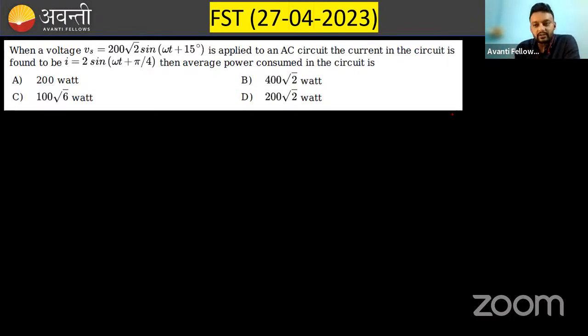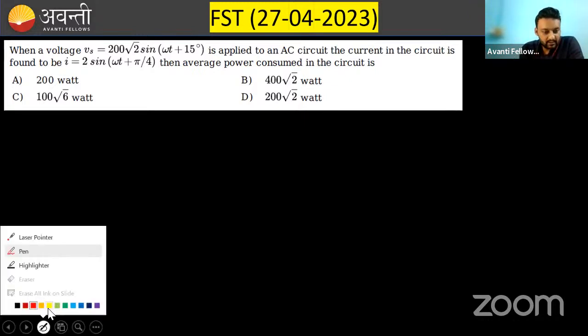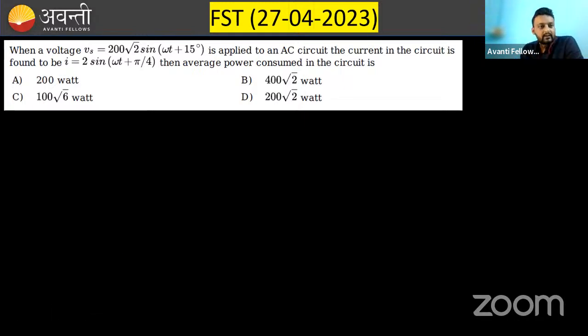Okay, so we will start our discussion. Try to learn the things because this is nearly the end of the session. Your exam is approaching, actually. The question says when a voltage V is applied to an AC circuit, the current in the circuit is found to be this one.